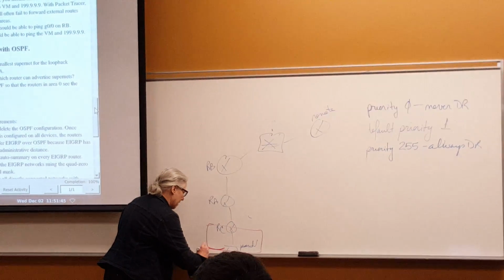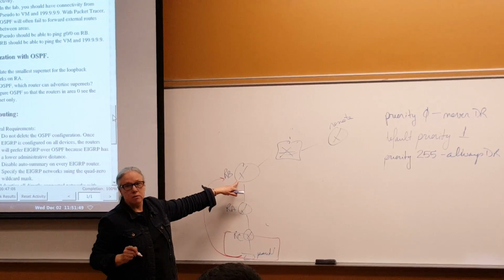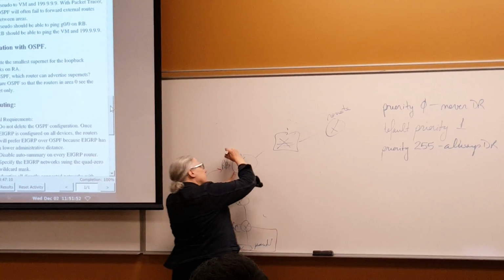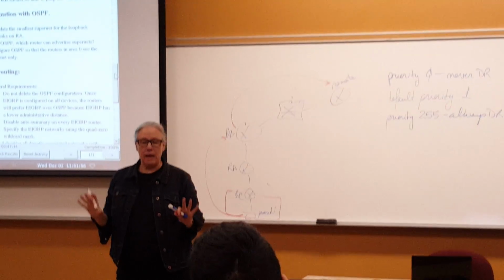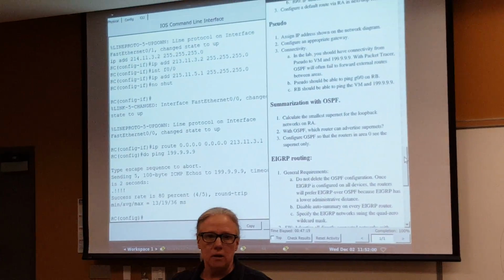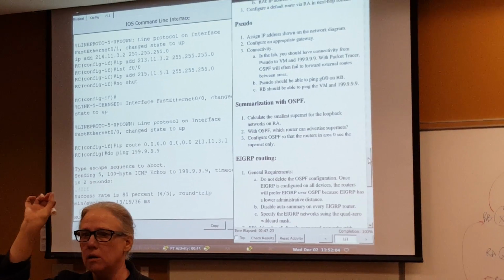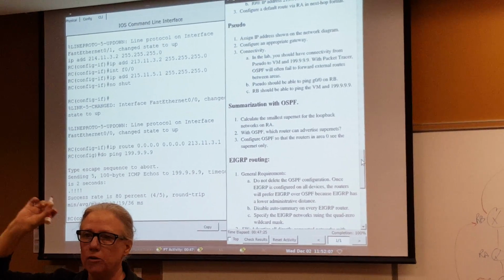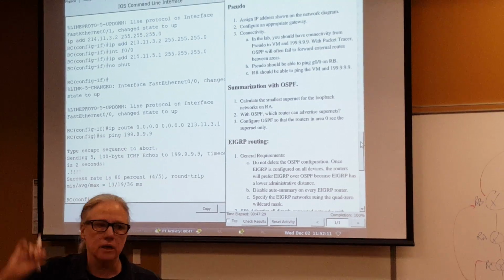You should have connectivity from the pseudo to the area border router. You should have connectivity from the area border router, in the lab and with Packet Tracer, up to remote.